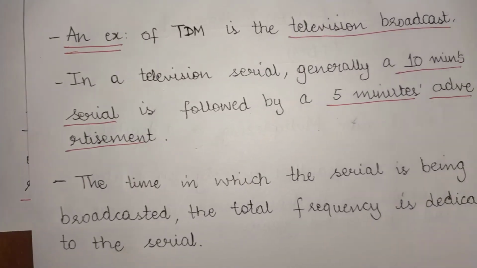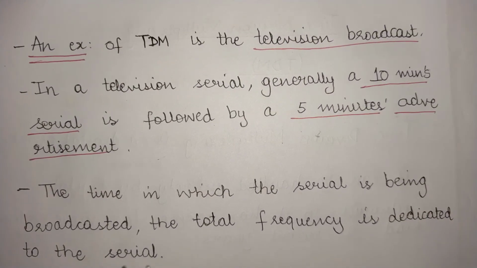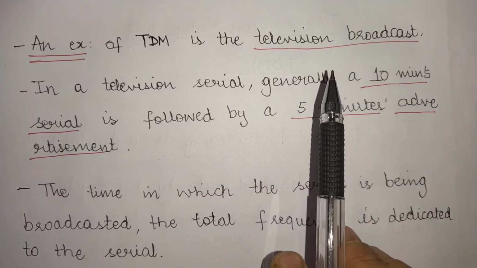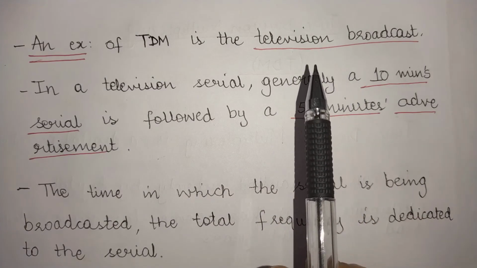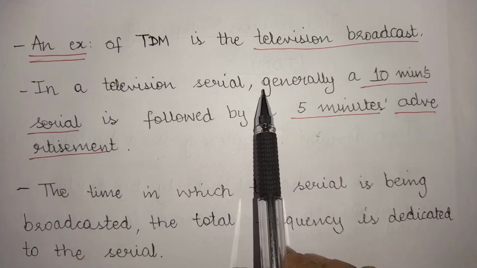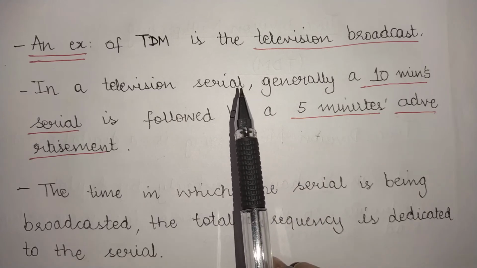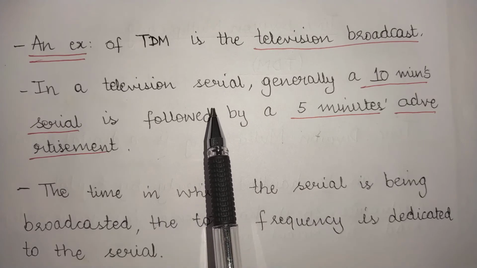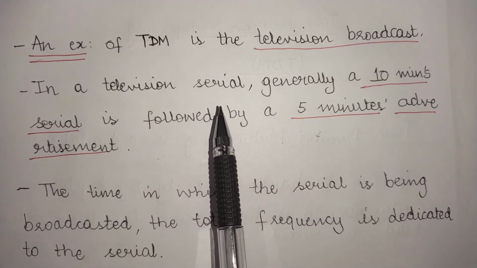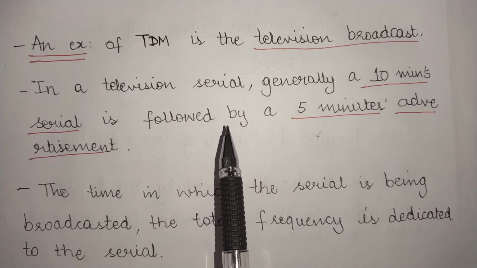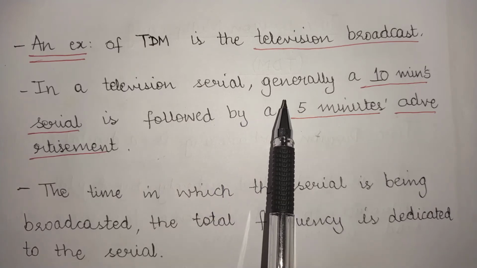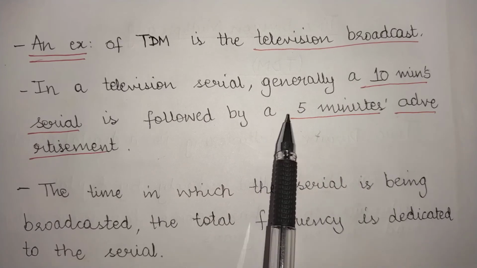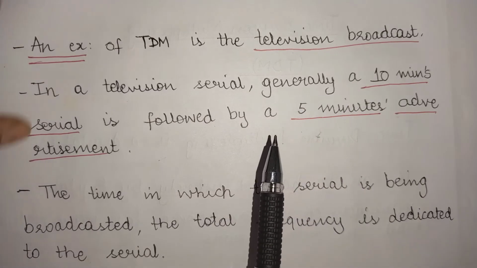Now if I tell you about an example of time division multiplexing, it is something very common to us, that is television broadcast. We all watch television and we all are aware about television broadcast. So generally in a television serial, if there are 15 minutes which have been allocated to a TV serial, out of those 15 minutes, usually 10 minutes are for the serial and 5 minutes are for the advertisement, right?